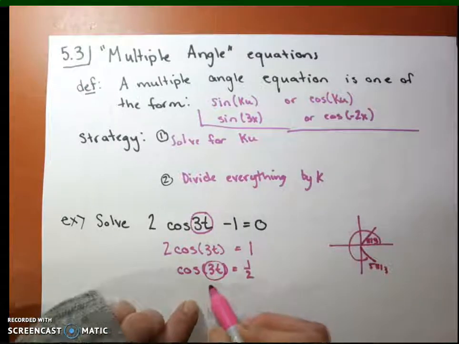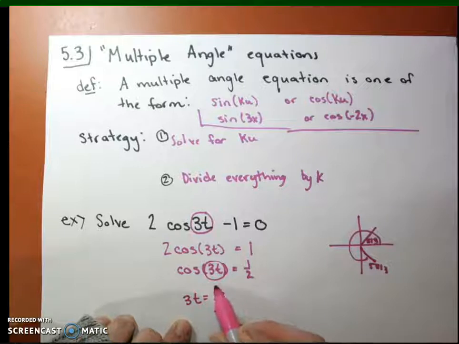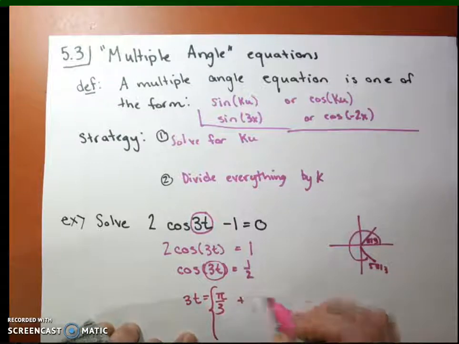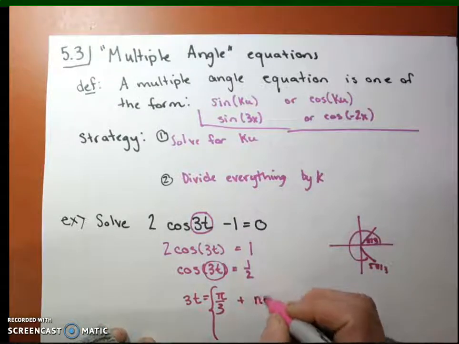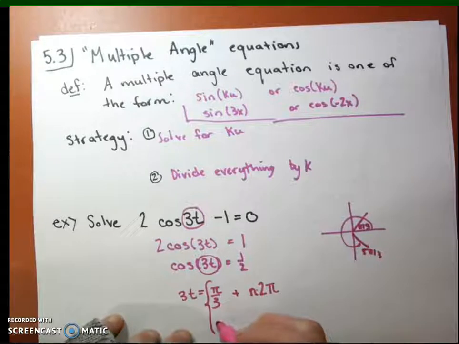So that tells me that my angle, which is 3t, equals pi over 3 plus some multiple of 2 pi for the general solution, or 5 pi over 3 plus a multiple of 2 pi.